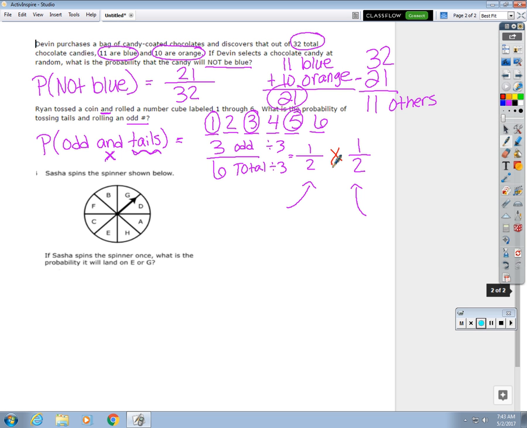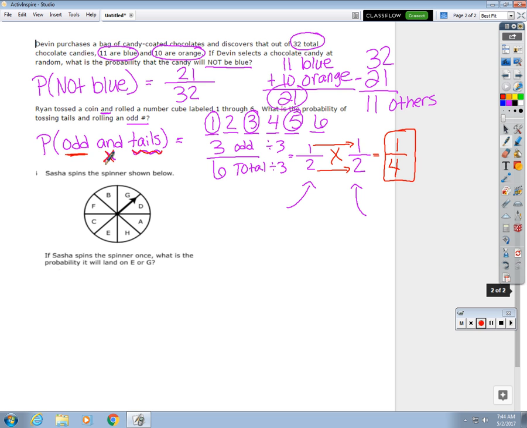So we need to multiply 1/2 times 1/2. Now we have to remember how to multiply fractions. It's super easy. We're going to do 1 times 1, which equals 1. 2 times 2, which equals 4. So this is the probability, 1/4 probability of him rolling an odd number on the dice and flipping tails. So just to remember, we had to find the probability of him getting an odd number and the probability of him flipping tails, and we multiplied those two fractions or probabilities together.